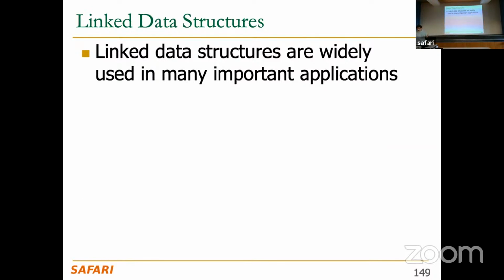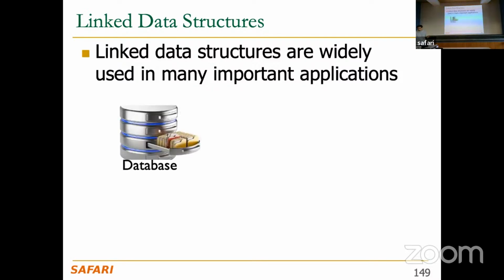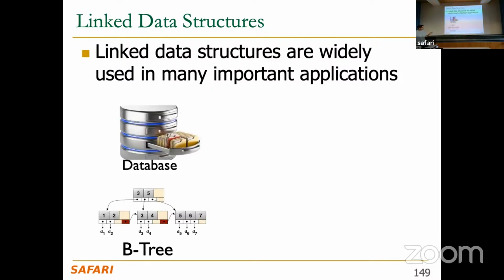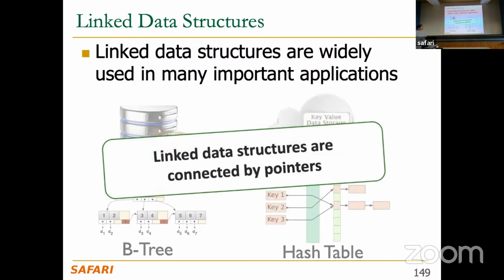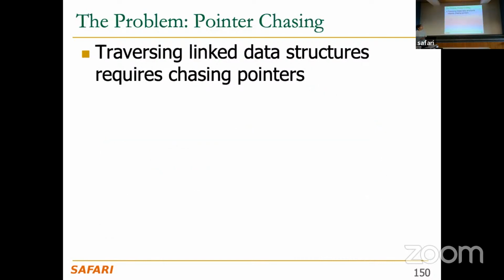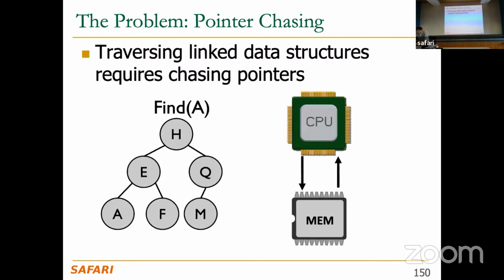As an example of these pointer chasing applications, we have linked data structures that are widely used in many important applications, such as databases, B-trees, key-value stores, and hash tables, and all these data structures are connected by pointers. Traversing these linked data structures requires chasing pointers.